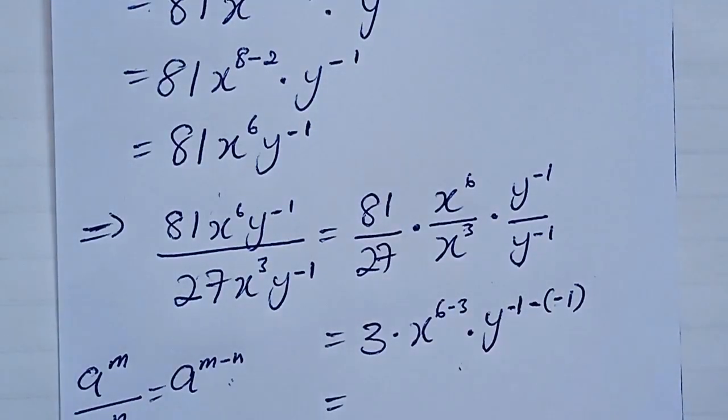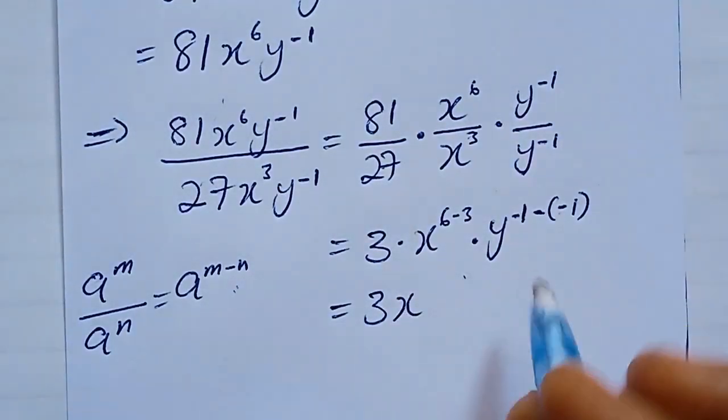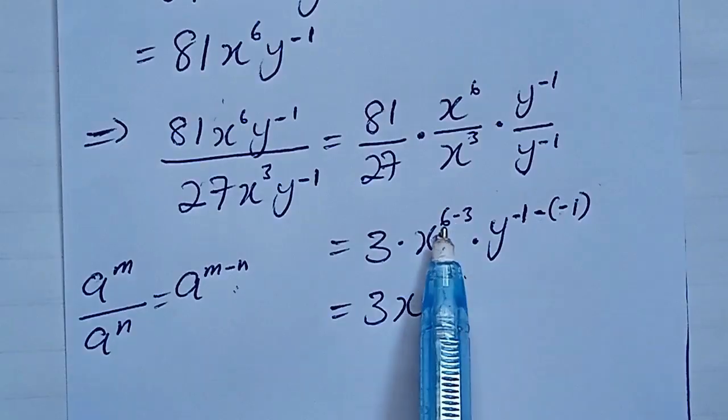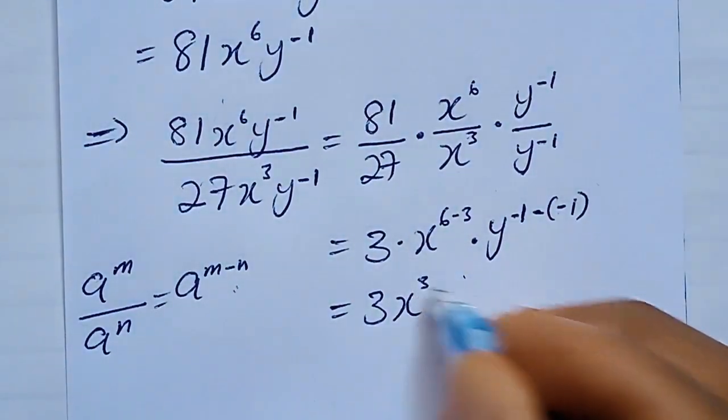So this then gives us 3x. 6 minus 3 will also give us 3.